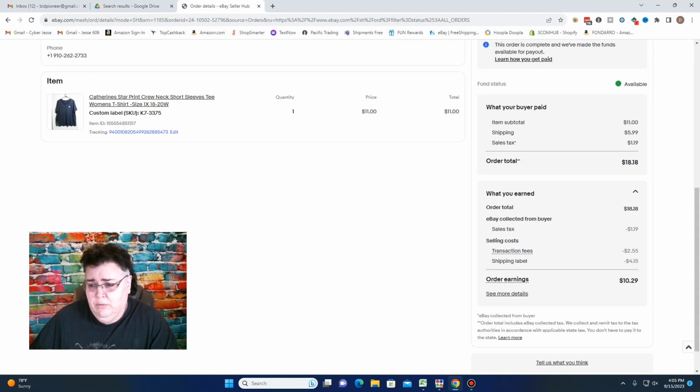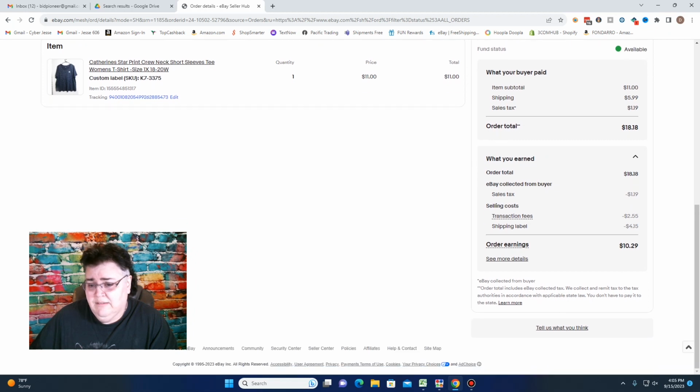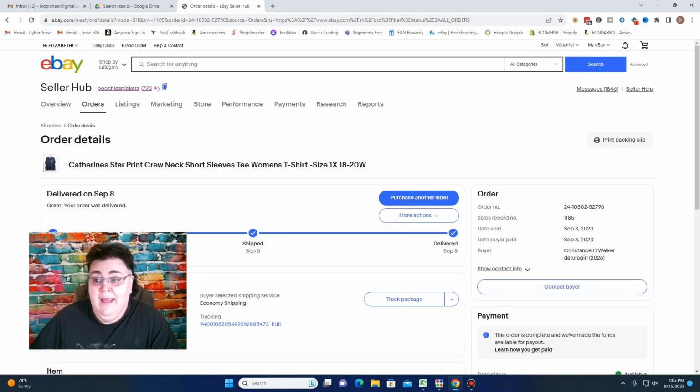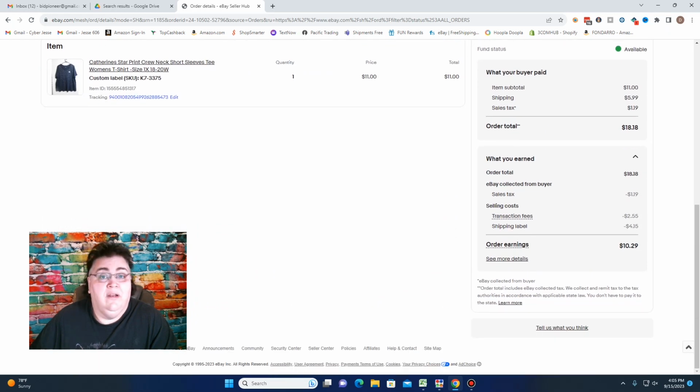Item subtotal, shipping, and then you go down here and you're going to see transaction fees from eBay are $2.55. The shipping label was actually pretty close. It was $4.15. So we made $10.29. So we didn't quite hit the $10 profit that I like, but I'm sure this was an offer we accepted, so I'm happy with it. Got it sold, got it out of the inventory, and I can spend that $10.29 on more inventory to turn.